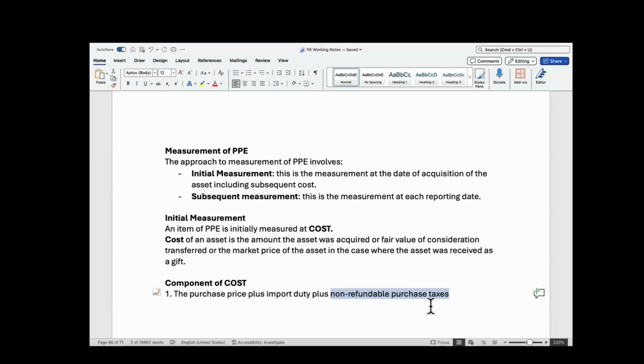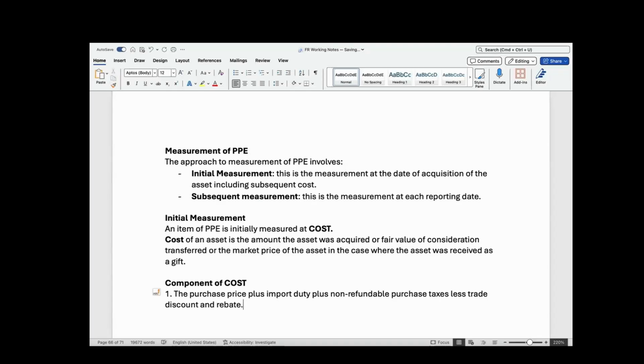But if it is non-refundable, in the sense that the tax you have paid is final and you cannot claim that VAT back when filing your returns, then such taxes are usually added as part of the cost of the asset. So plus non-refundable purchase taxes, less trade discounts and rebates.